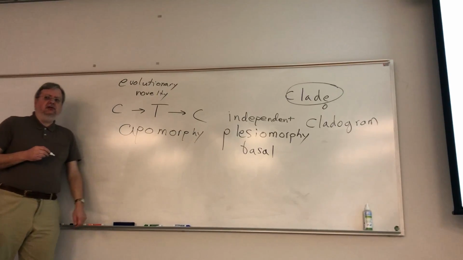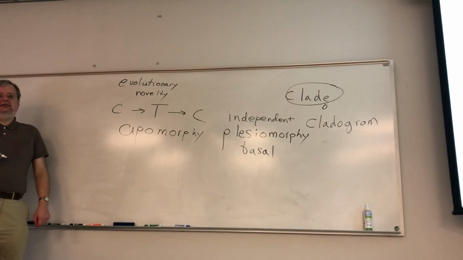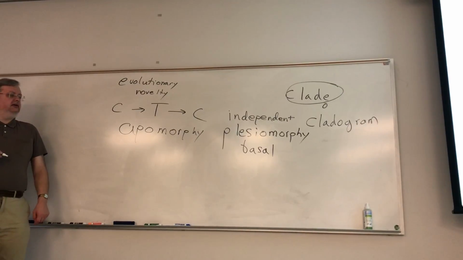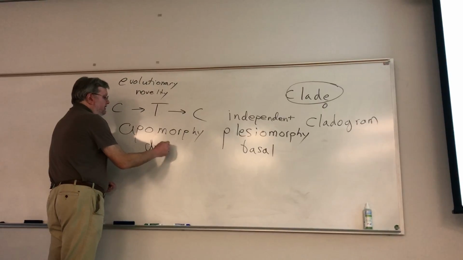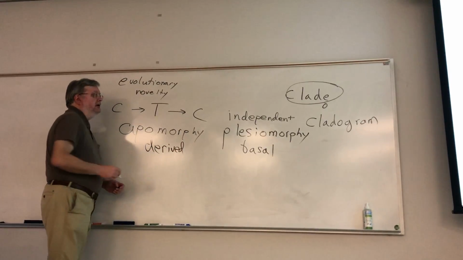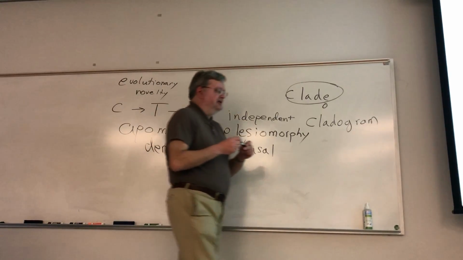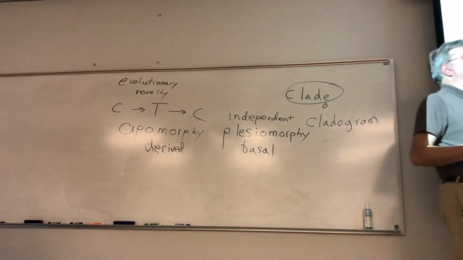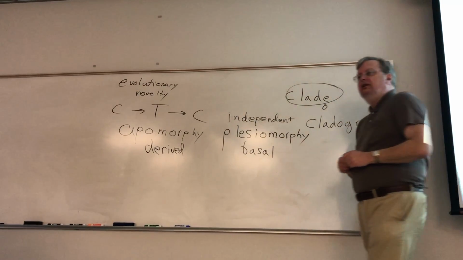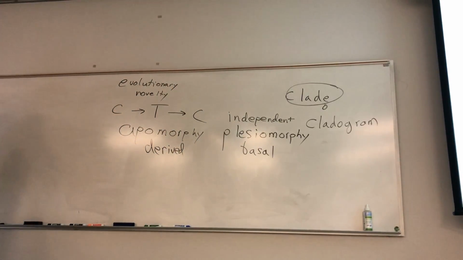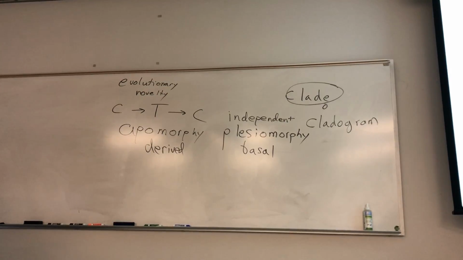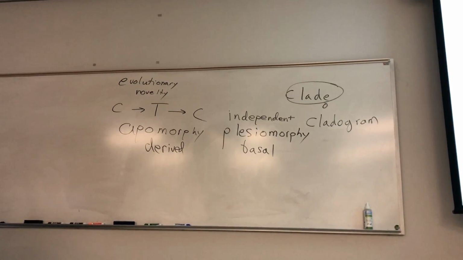If you were in 102, we might have called those primitive shared characters. Apomorphies are also called derived, and that relates to the meaning of the word apo. They are derived in the sense that they derive after the node. So plesiomorphies are homologies that are before the node, and apomorphies are the ones that come after the node in a particular branch or set of branches.